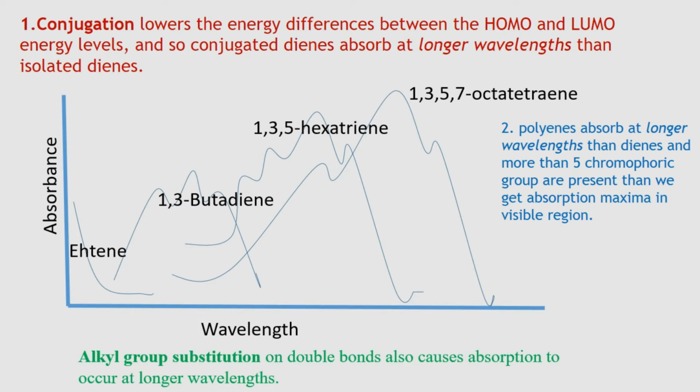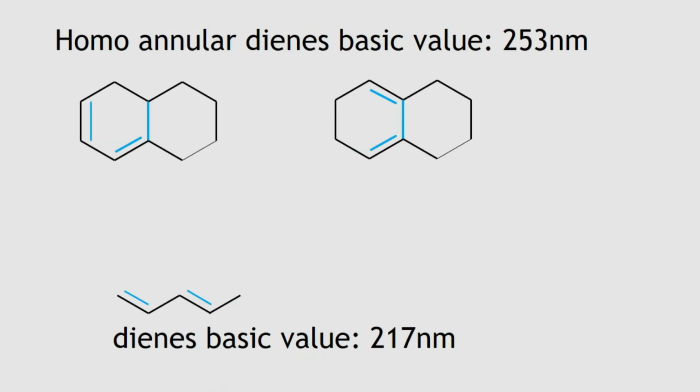Before we study the table of Woodward-Fisher rule, first of all we should know what a homoannular diene is. A homoannular diene consists of conjugated double bonds in the same ring. Please note, in the same ring. It is also known as homodiene.